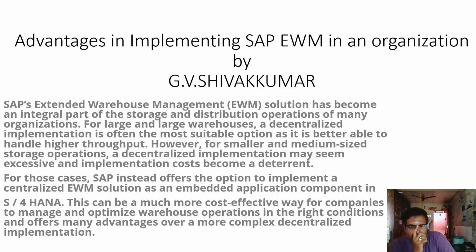We have all the standard interfaces available, and ASRS is quite easy for EWM to take further. So if you implement EWM in your organization, definitely it will be an advantage. And migrating from WM to EWM will be a very good option and advantage, even if you feel cost wise it is not good.